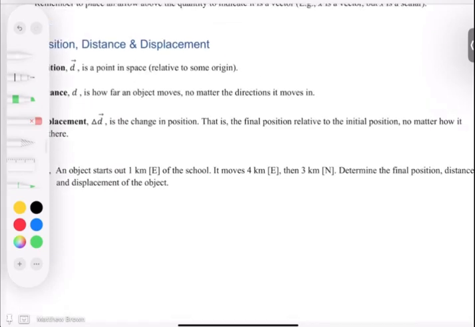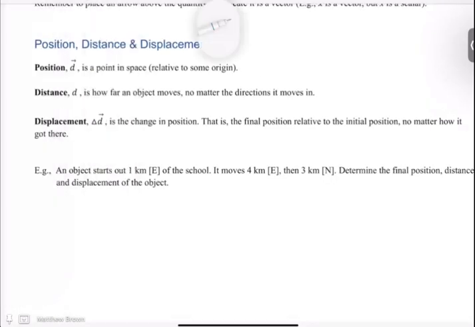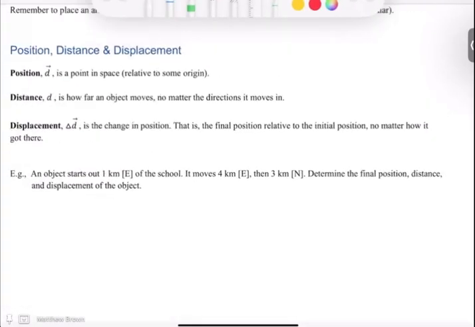Okay. So I will look here at a practical example. An object starts out 1 kilometer east of the school. It moves 4 kilometers east, then 3 kilometers north. Determine the final position, distance, and displacement of the object. So you can see here where a diagram is helpful.